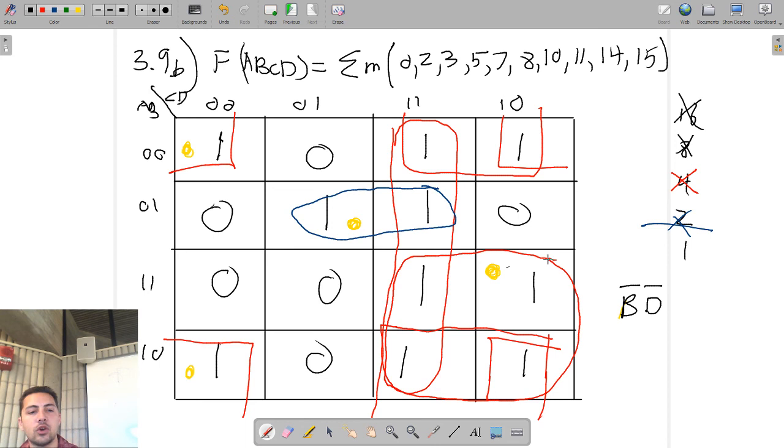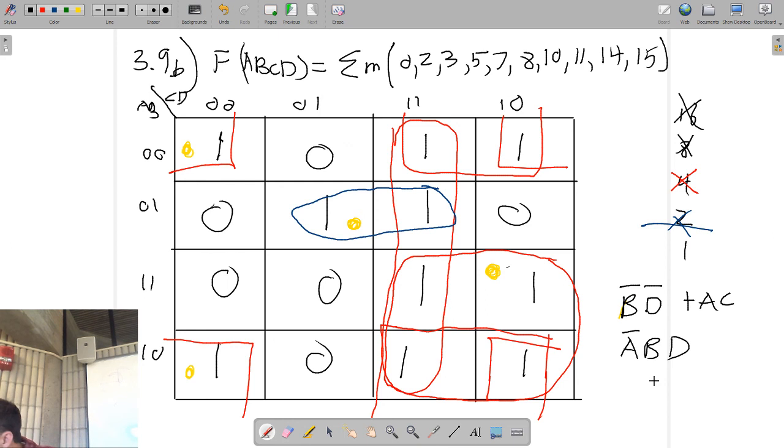What about this one in the corner? That's going to be A, C. Finally, this guy. Even though he's smaller than the rest of the prime implicants, he's still a prime implicant because he is the largest contiguous implicant that is not covered by any other. So that is going to be A bar B D.